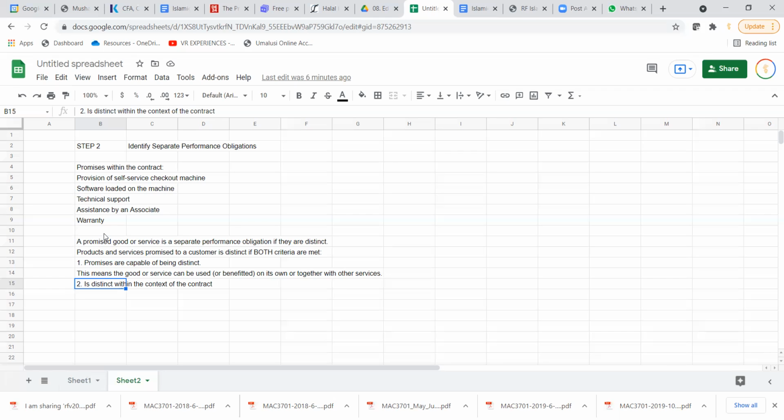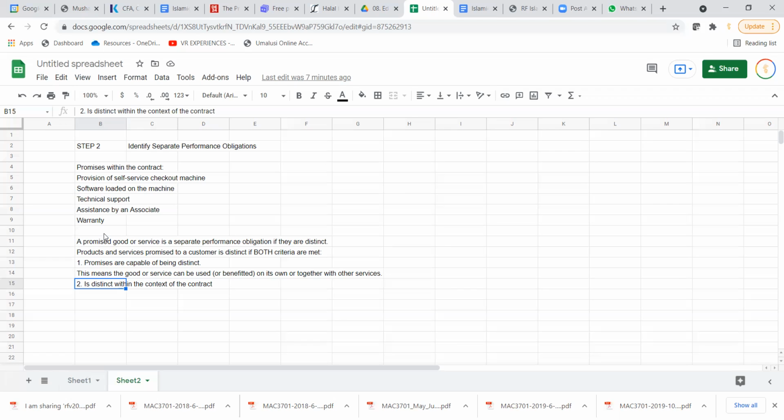So even though the project management has different promises that are capable of being distinct, within the context of the contract, we don't want the separate performances. We just want a completed house. So in that instance, the project management services, given the context of the contract, is one performance obligation. So this is what this item means over here. Is it distinct within the context of the contract?